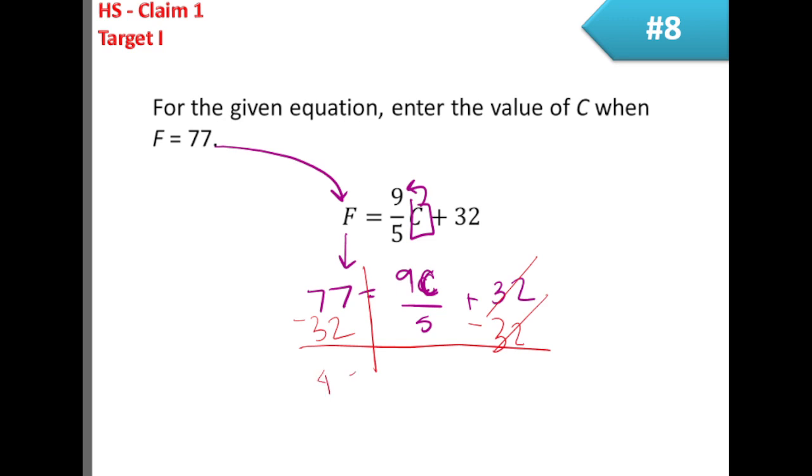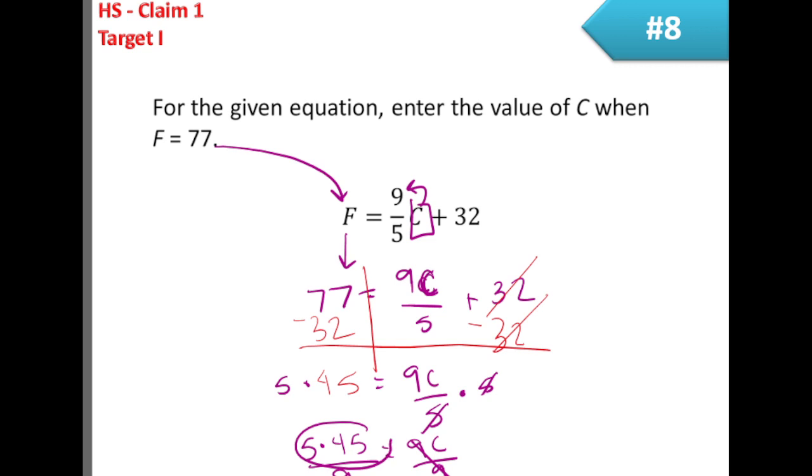So we are left with 45 equals 9c over 5. Let's get rid of our denominator, multiply by 5. See, 45 times 5, again, you won't be able to use the calculator here. So before I even multiply that, I'm going to do 5 times 45 is equal to 9c. I divide by 9, divide by 9. Okay? So let me rewrite this.